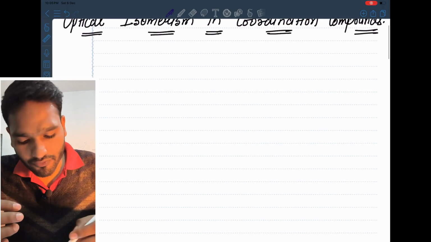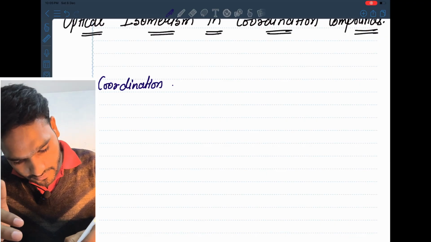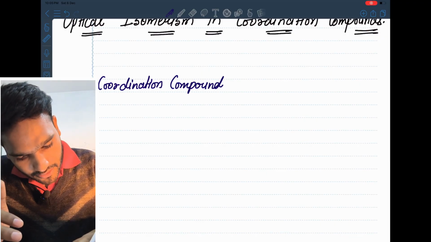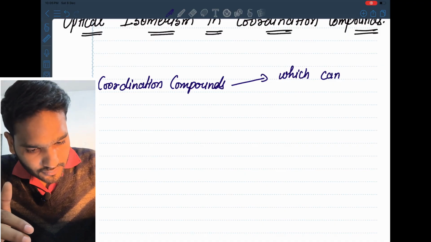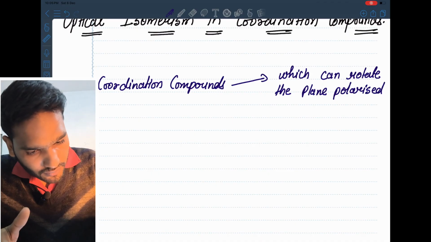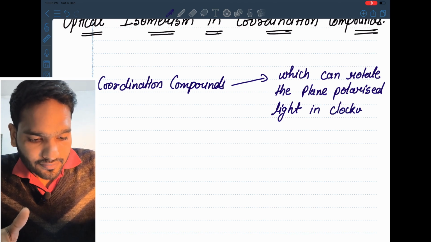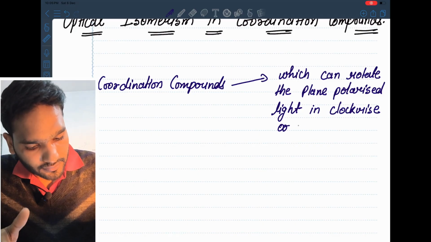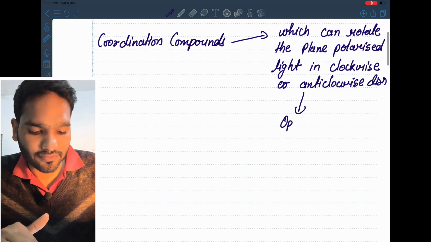So we can say we are having coordination compounds, and if the coordination compound can rotate the plane polarized light in a clockwise direction or anti-clockwise direction, that compound will be called optically active.